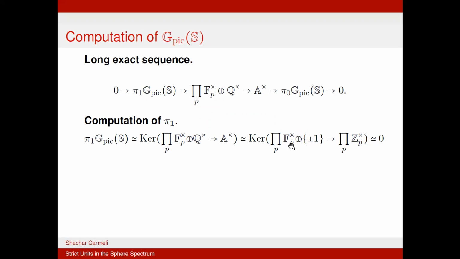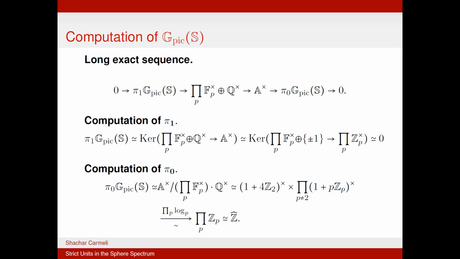But if it is -1, then it cannot be corrected at the prime 2. So this annoying fact that the strict units of Z are Z mod 2, because -1 is just corrected by the sphere, which I find nice. It's much more symmetric. There is no favorable prime that makes trouble like in the sphere, unlike the integers.